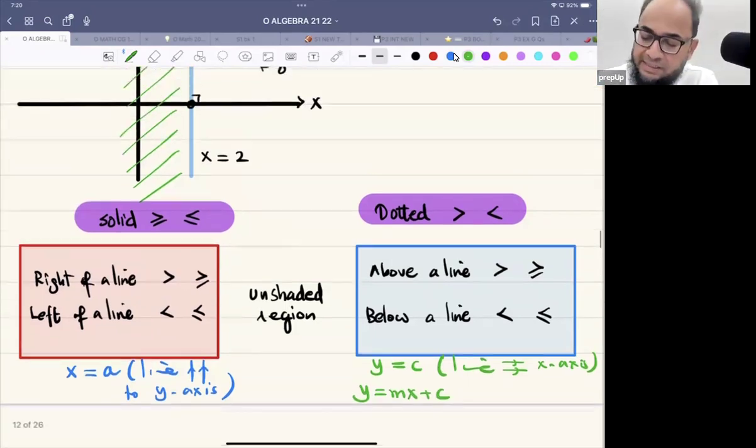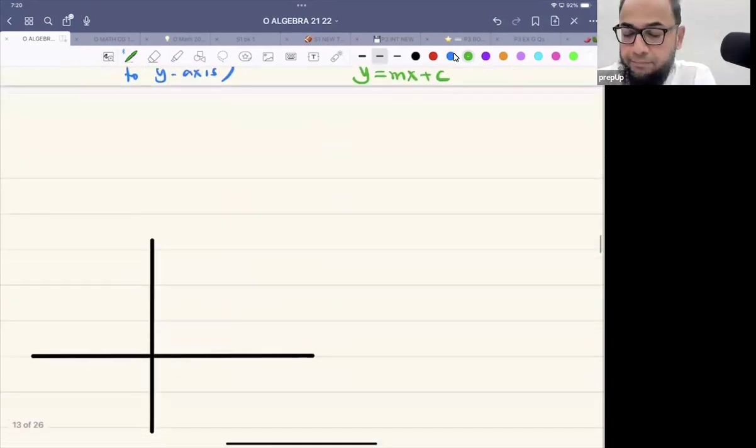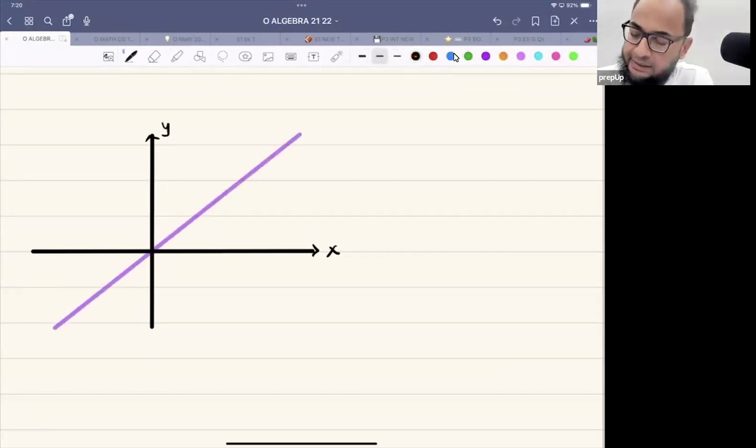So let me draw some examples related to that. Let's say this is y, this is x, and let me draw the line y equals to x. Now this point is 0, 0. Let's say this is 4 and this is 4.